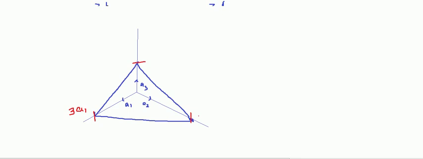So it is intersecting here at 2a2, and up it is intersecting at say 2a3. Agreed? So what are the 3 points? The 3 points are 3a1, where a1 is the lattice vector, 2a2, and 2a3.